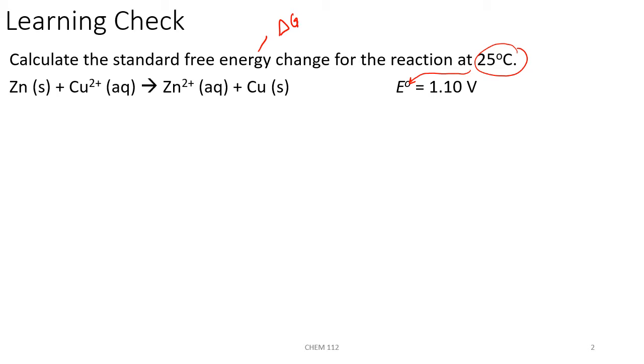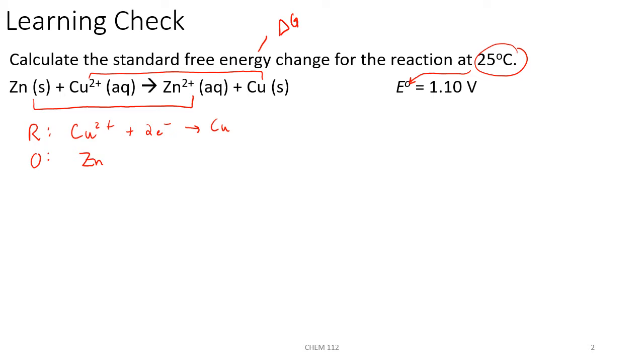So when we look at our reaction, we have our zinc being oxidized and we have our copper being reduced. So our reduction half reaction is going to be our copper 2+ gaining 2 electrons to become elemental copper, and our oxidation half reaction is zinc becoming zinc 2+, losing 2 electrons.